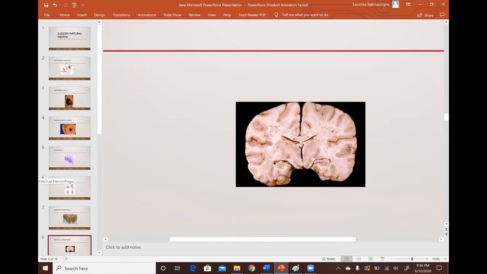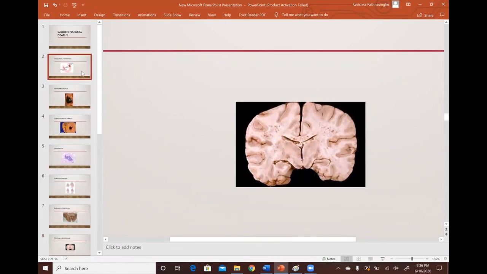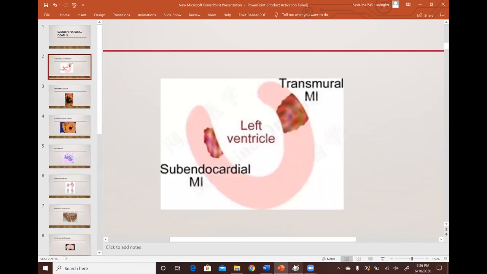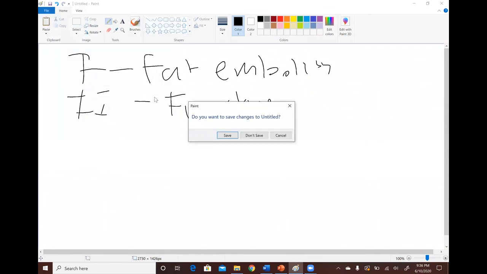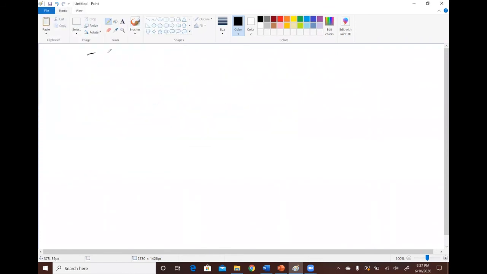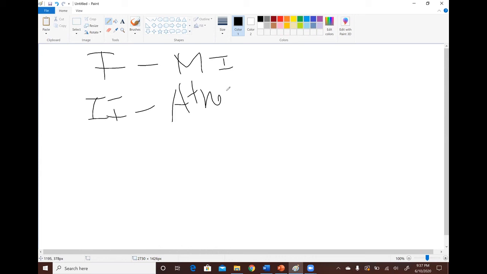Okay, and then what about a patient who had a myocardial infarction? Okay, so myocardial infarction, the immediate cause of death is myocardial infarction. What caused the myocardial infarction is atherosclerosis. Okay, and what caused the atherosclerosis is ischemic heart disease.